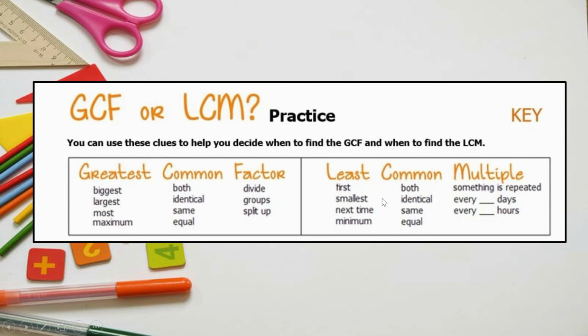Okay? Then for the least common multiple: first, smallest, next time, minimum, both, identical, same, equal, something is repeated every day, every hours. Right? So those are also the word clues you will see in a word problem. Earlier, we used next time. And if it's hours or days that you need to find, it means LCM.